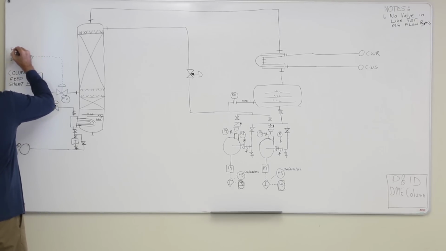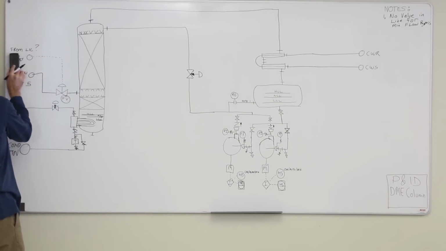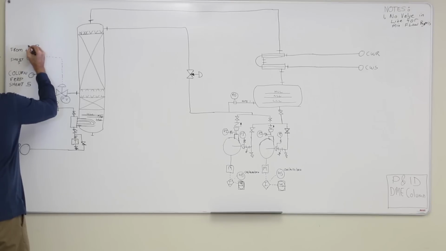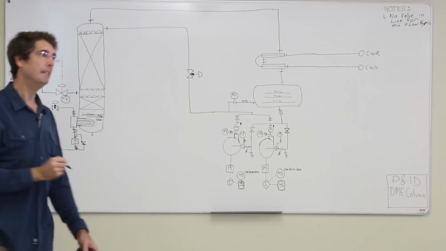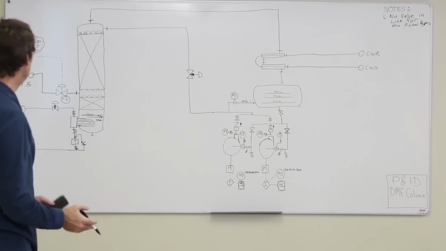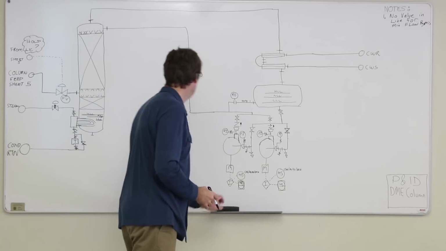I'm just going to make the assumption that it's the LIC, but I have no idea what it is. So if I'm not sure, what I can do is just put a hold on it, like that. And that just tells somebody, whoa, hang on, that's not the final design. We need to go back and check that at some point in time.